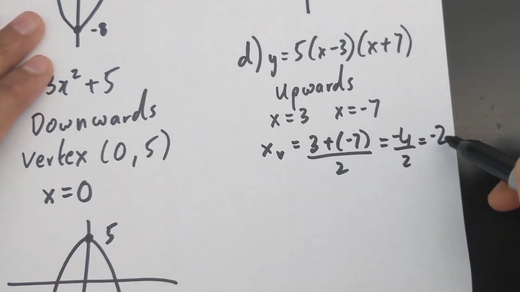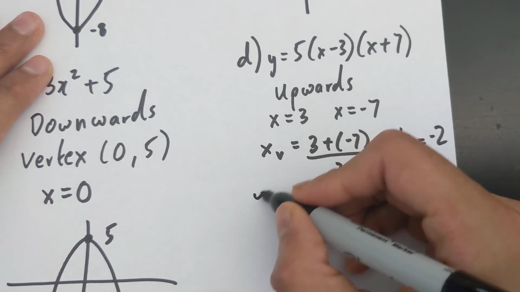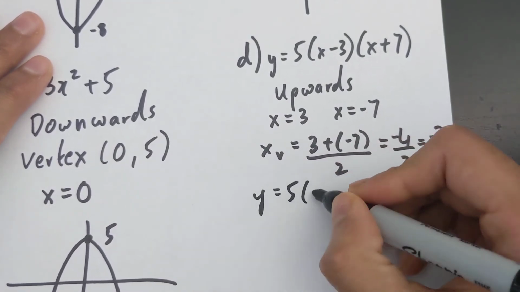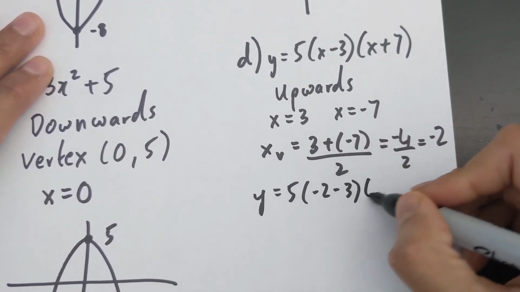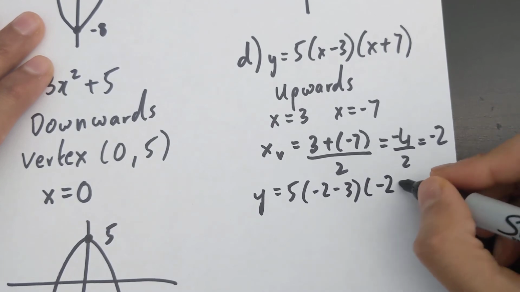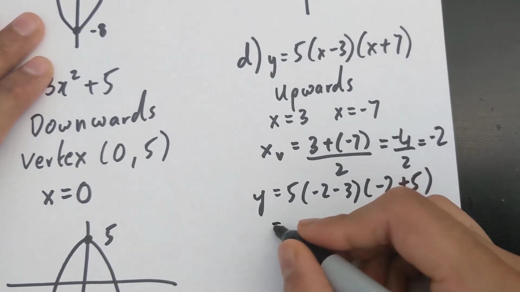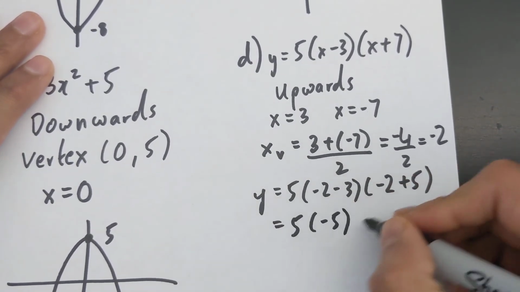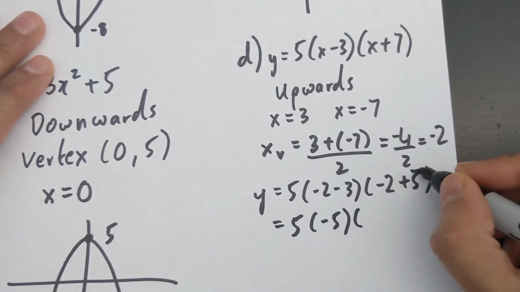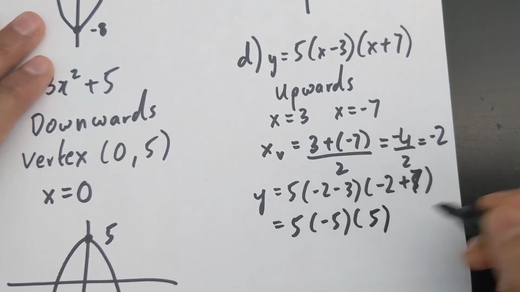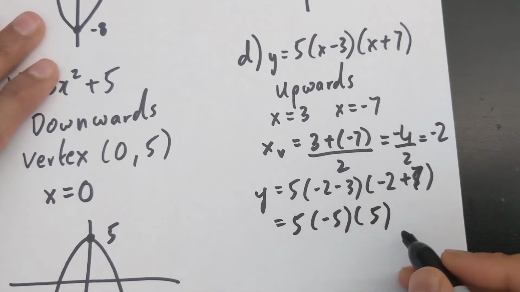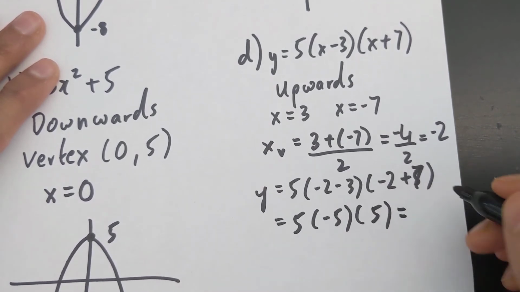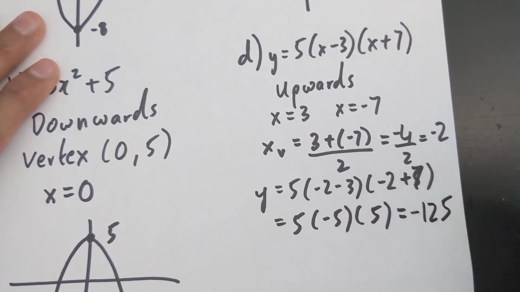Then I have to sub this back into this equation to find the y value of my vertex. Minus 2 minus 3, minus 2 plus 7, that's 5 times negative 5 times 5. And if I multiply those out, that's going to be negative 125.